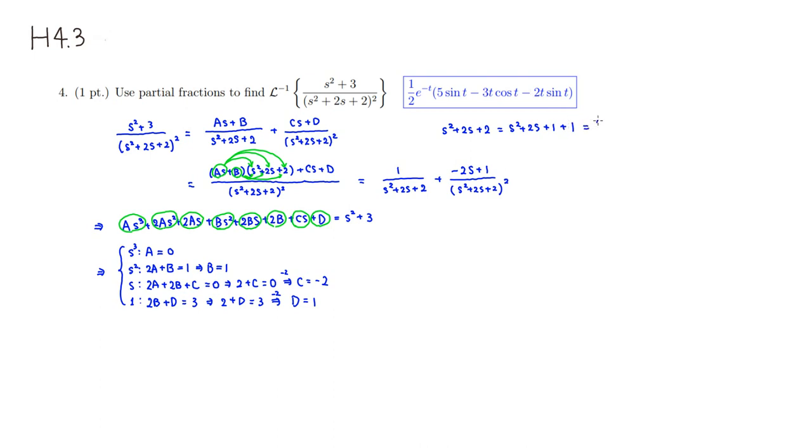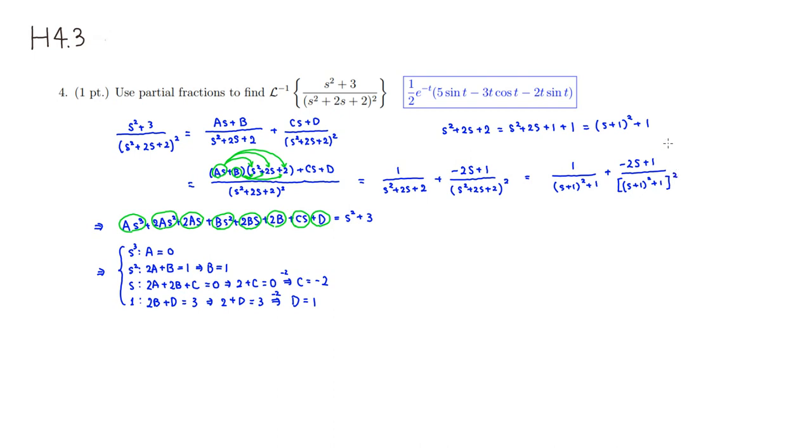So s squared plus 2s plus 2 is simply (s plus 1) squared plus 1. We can further rewrite this as 1 over ((s plus 1) squared plus 1), plus (-2s plus 1) over ((s plus 1) squared plus 1) squared.